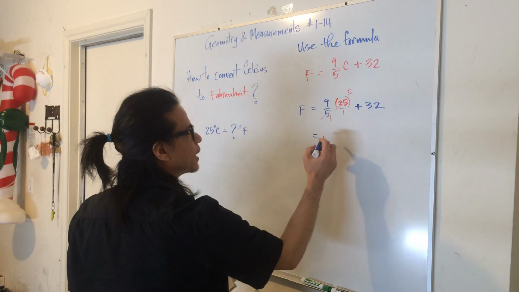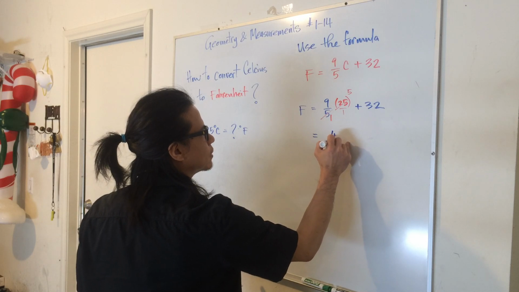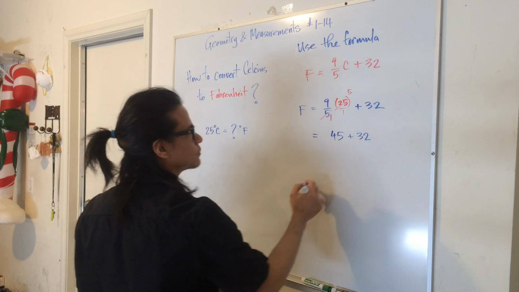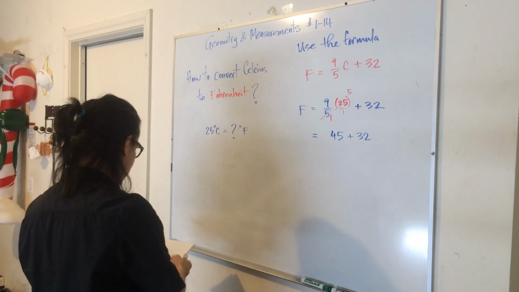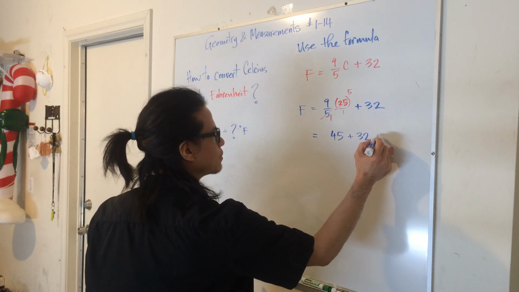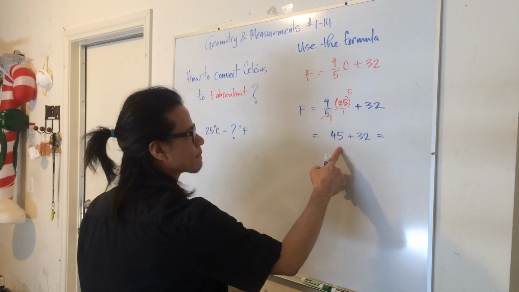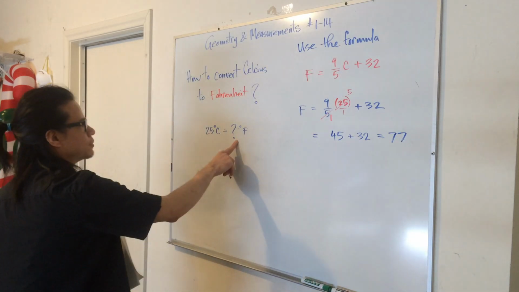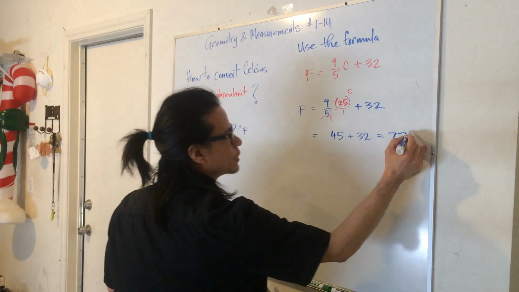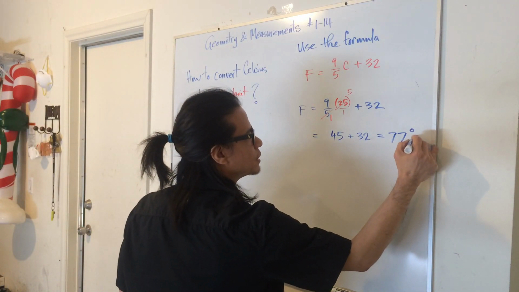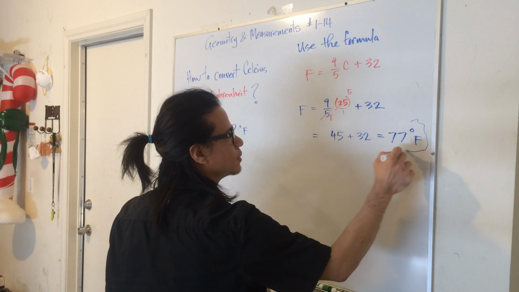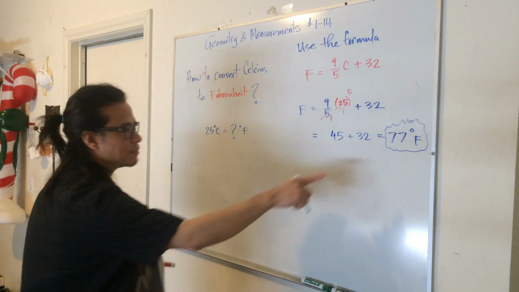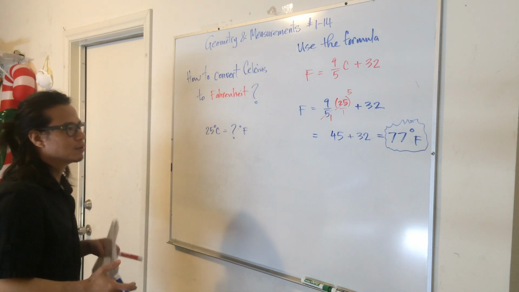So now let's take 9 times 5, 45, plus 32 equals 77. And since we're dealing with Fahrenheit, we'll say it's 77 degrees Fahrenheit. This is room temperature, by the way. You're probably sitting at 77 degrees Fahrenheit right now as we speak.